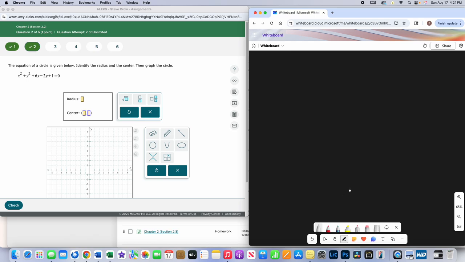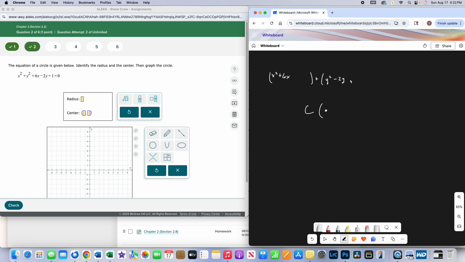All right, so you're gonna get x squared plus 6x. We'll go through this part fast since we already did it once. And then you get y squared minus 2y. Oh no, it's not going to be a square root.